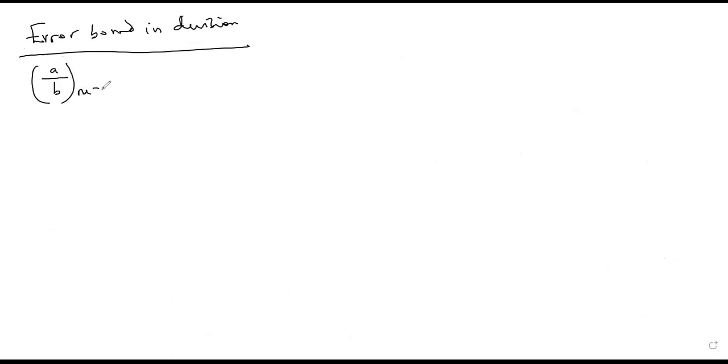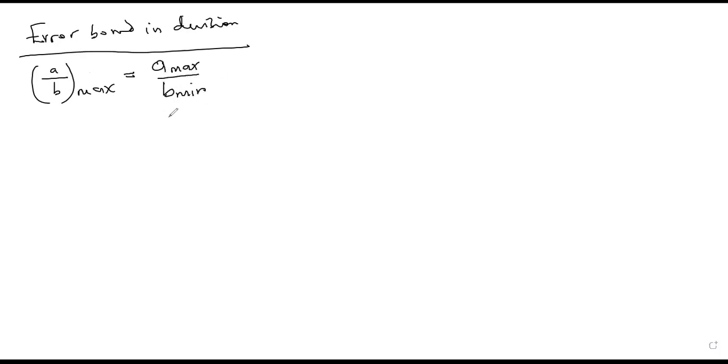Then let's look at the error bound in division. When you have values A and B, the error bound in division of A over B: if you have to get the maximum value here, it means that the numerator is big and the denominator is small. So to get the maximum here, we need A maximum divided by B minimum.